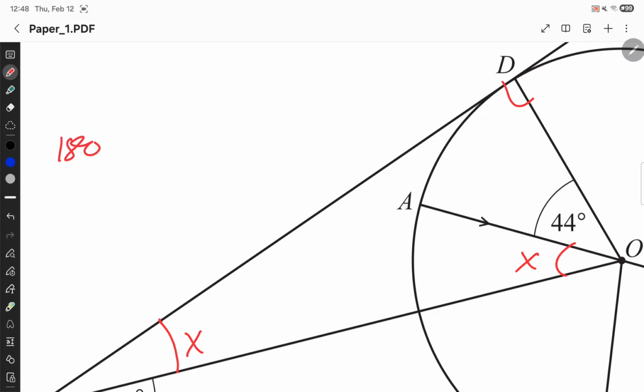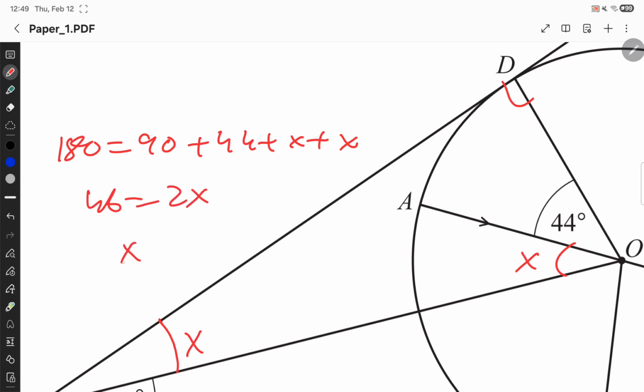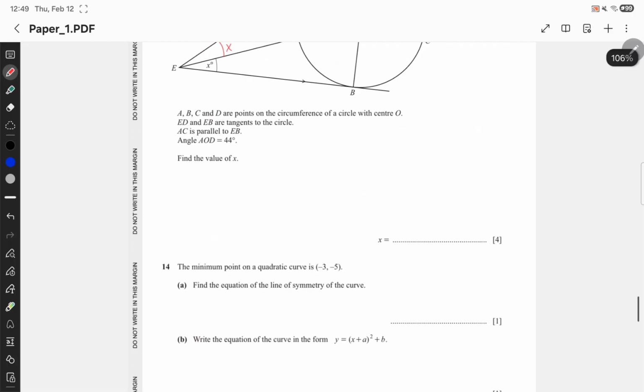This is 180 is equals to 90 plus 44 plus x plus x. 90 plus 44 is equals to 134. 180 minus 134 is equals to 46 is equals to 2x. X is equals to 23, and that is your answer.